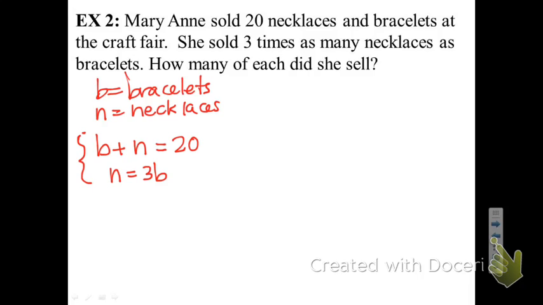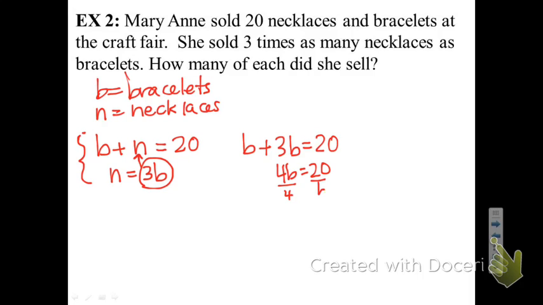And we have in our second equation N already isolated. So we're going to take all of this value and replace that N and solve it. So you get B plus 3B equals 20. You combine like terms and you get 4B equals 20.